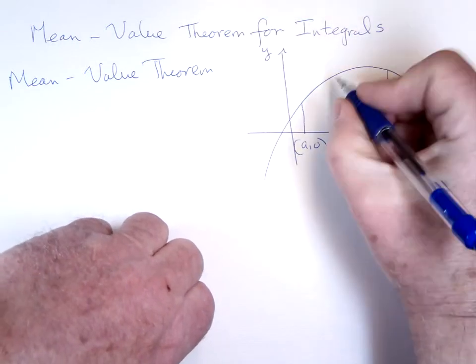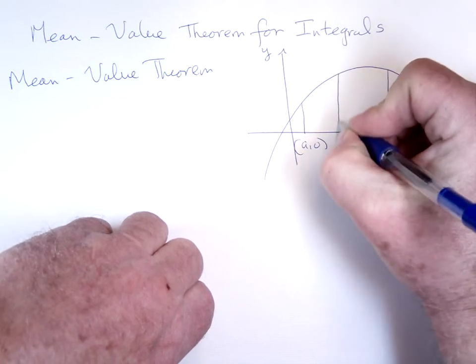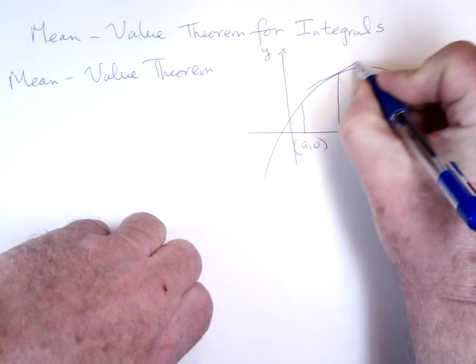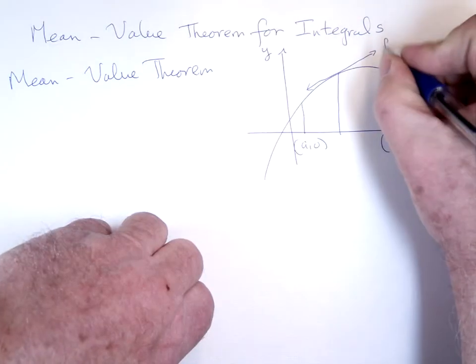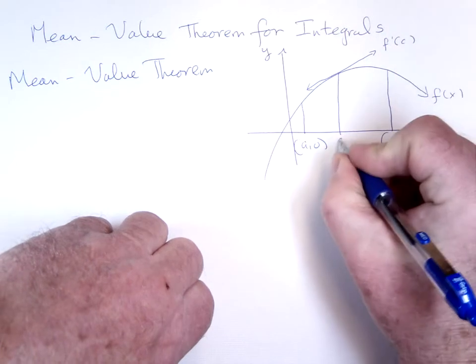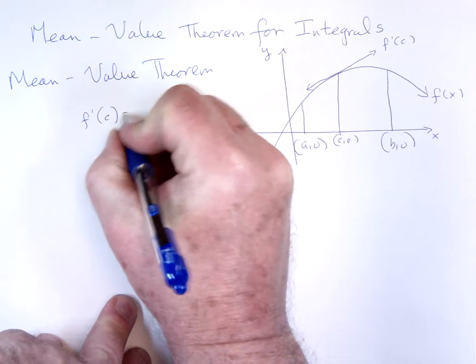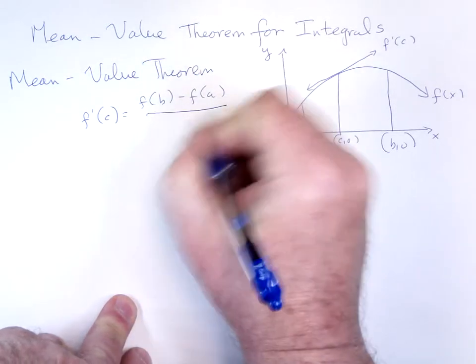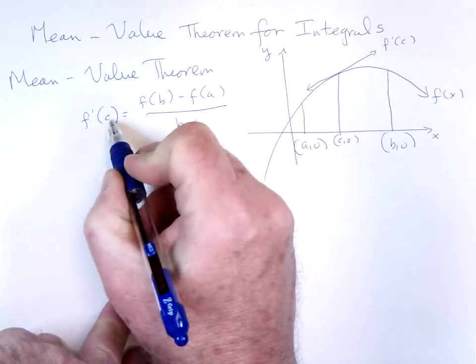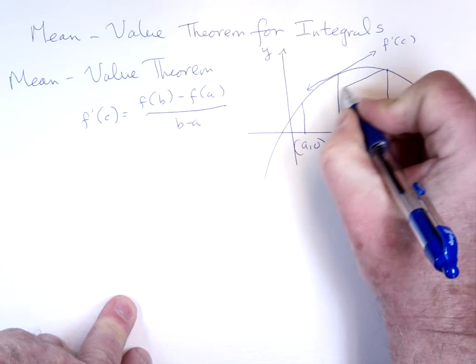What it said is that in this interval somewhere there exists a c where f prime of c, the slope of the tangent line, is equal to f of b minus f of a over b minus a, where the slope of the tangent line is equal to the slope of this chord.